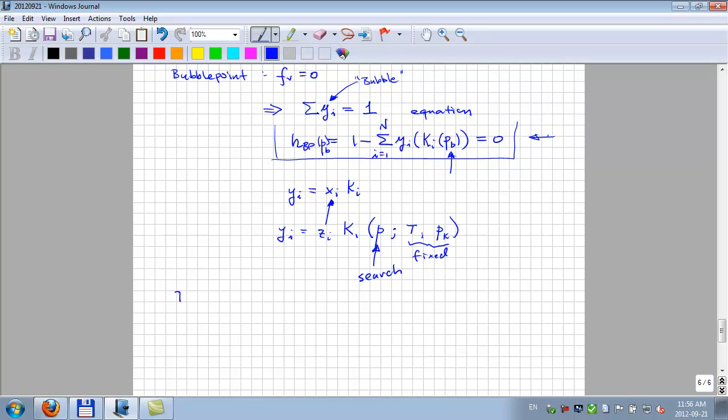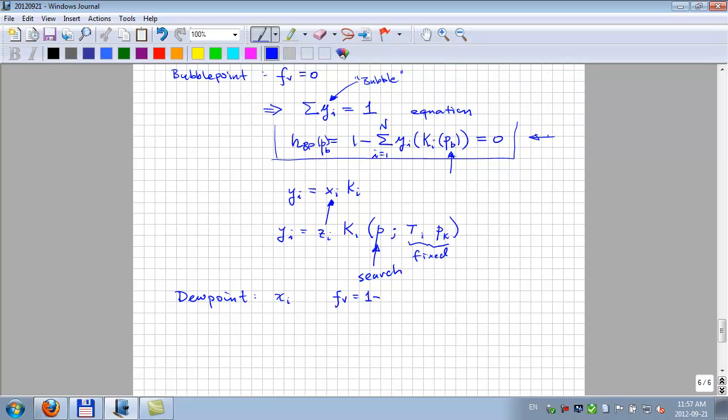And then for the dew point, we've got that we're looking for this composition of the dew. It is in an amount epsilon. Okay. F of V is 1.